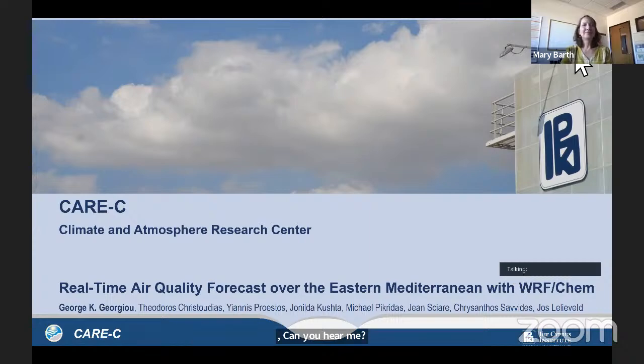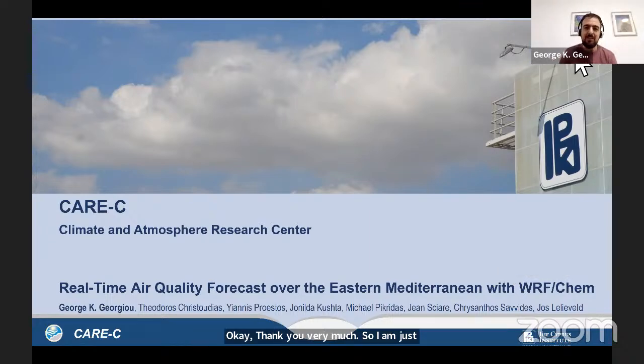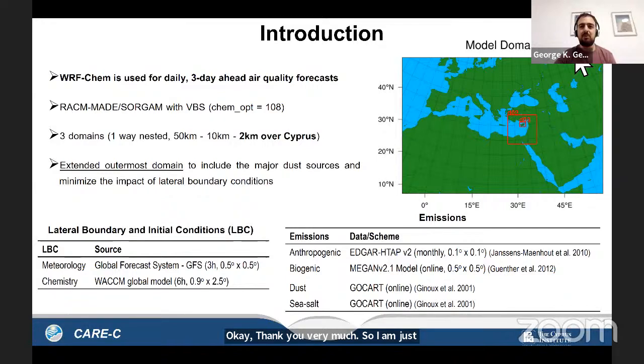I am Giorgio, a postdoctoral researcher at the Cyprus Institute, and I'm going to describe our forecast setup using the WRF-Chem model. We are performing daily 3-day air quality forecasts over the Mediterranean and Cyprus. We are using the RADM chemistry mechanism with MADE/VBS for aerosols.